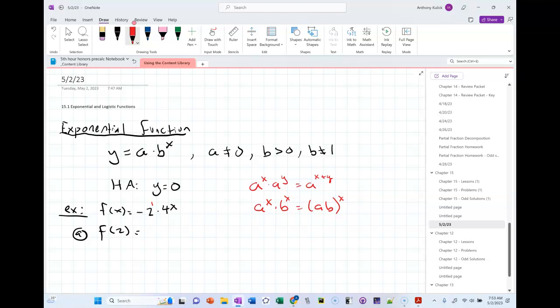Okay. So what am I going to get if I wanted to do f of 2? Well, that's going to be negative 2 times 4 squared. 4 squared is 16. Negative 2 times 16 would be negative 32. What if we did f of 0?